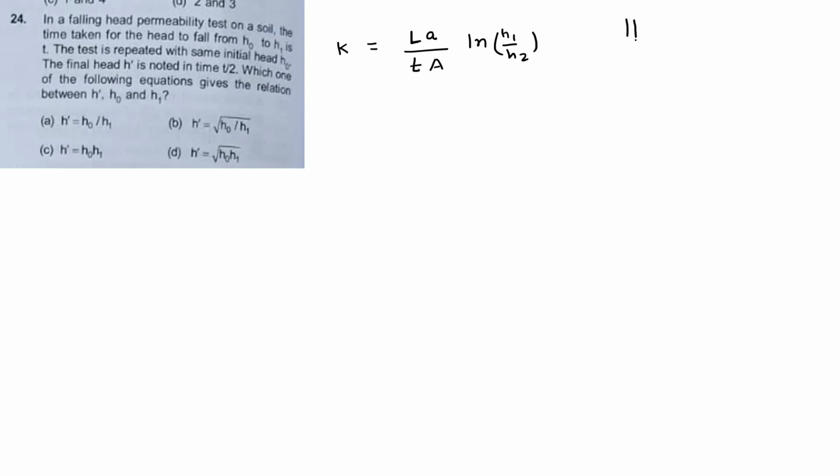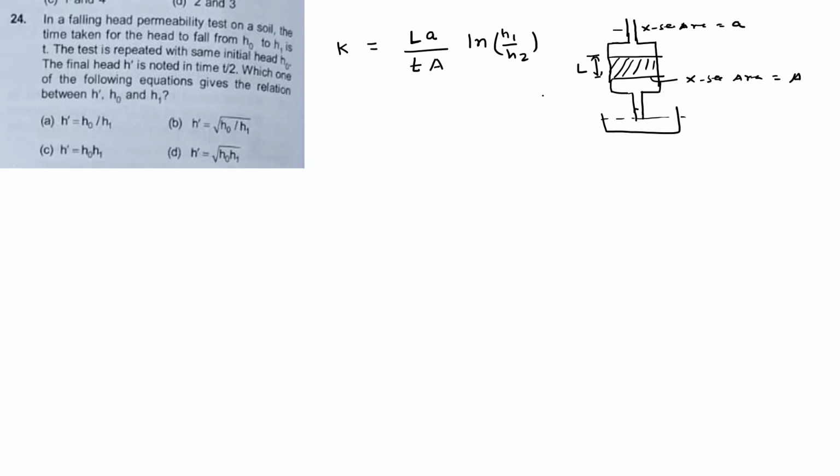This is a standpipe, and this is the soil sample, and in this we maintain constant head. This is the cross-section area a of the standpipe, this is the soil sample with cross-section area capital A, and this is length L.